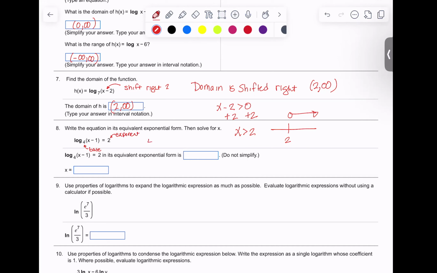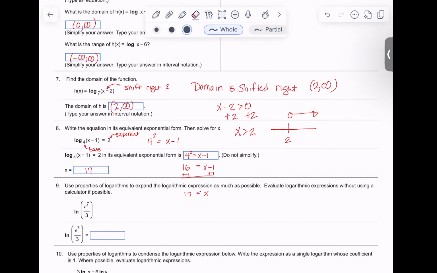So I have 4 squared is equal to what I'm taking the log of, which is x minus 1. So the exponential form is 4 squared equals x minus 1. Now let's solve that. I'm going to square the 4 and then add 1 to both sides. So x is 17.